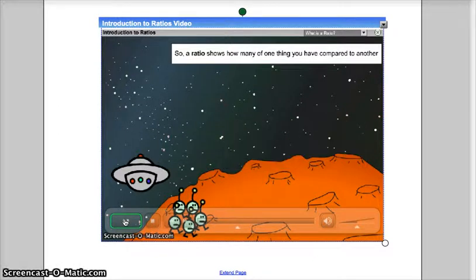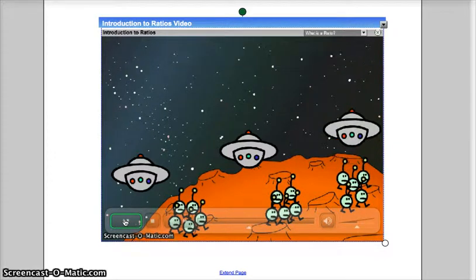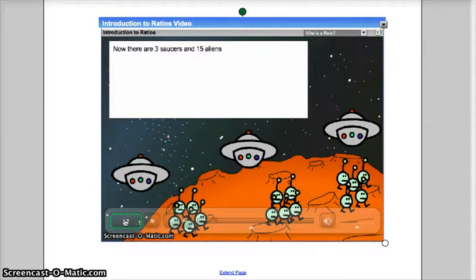Here comes another saucer. 1, 2, 3, 4, 5 aliens have landed from this saucer too. Now we have a third spaceship with 5 more aliens on Mars. It's getting quite crowded here. There are 3 saucers and 15 aliens. Let us express this as a fraction.